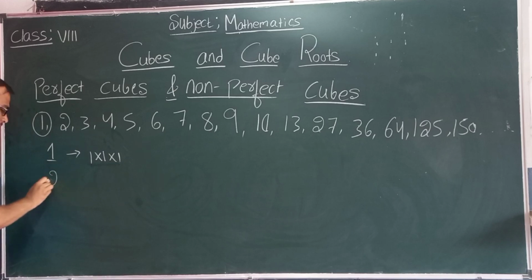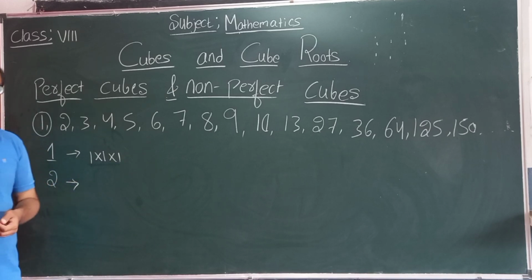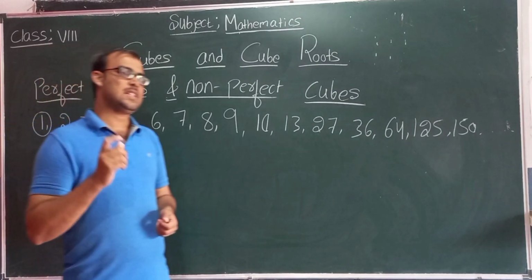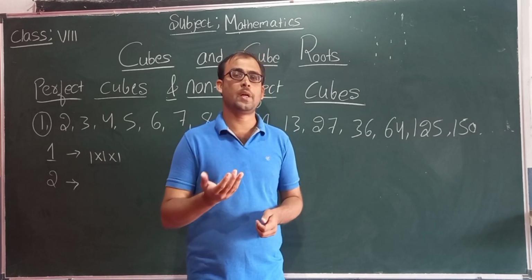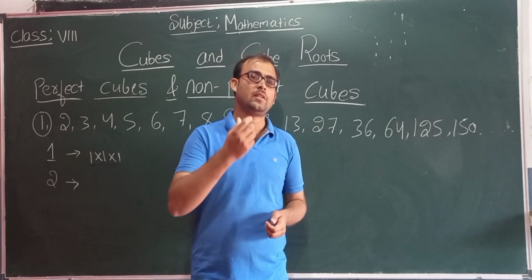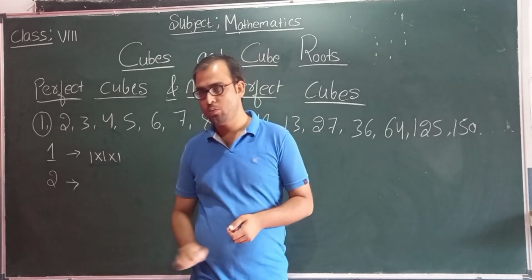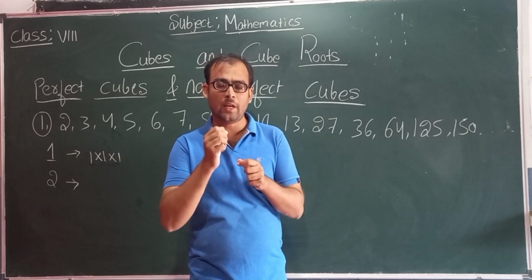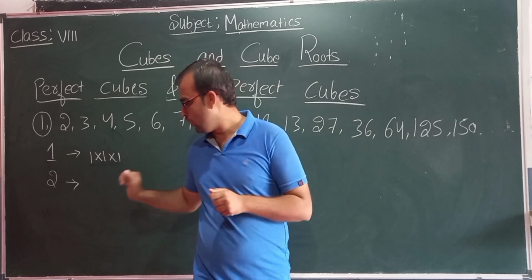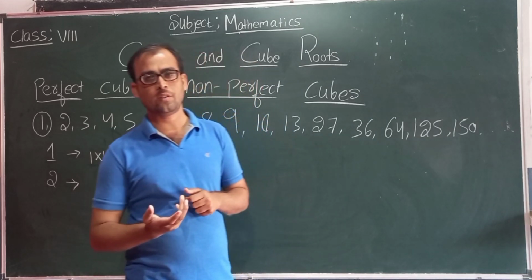Now take the second one, students, 2. Is there any such number by multiplying which 3 times we are getting 2? When we multiply a particular number 3 times, we should get 2 only. Is there any such number, students?